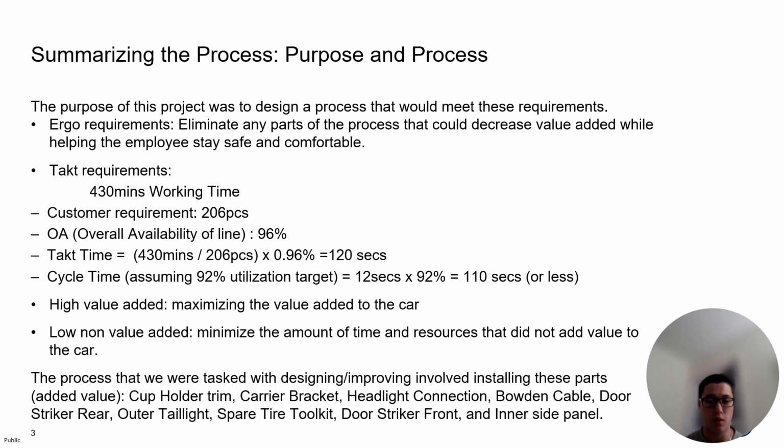And the process that we were tasked with designing had to install these parts, which were the cup holder or console trim, the carrier bracket, the headlight connection, bowing cable, door striker rear, door striker front, which were the latches, the outer tail light or the rear light, and then the spare tire toolkit and the trunk inner side pan.